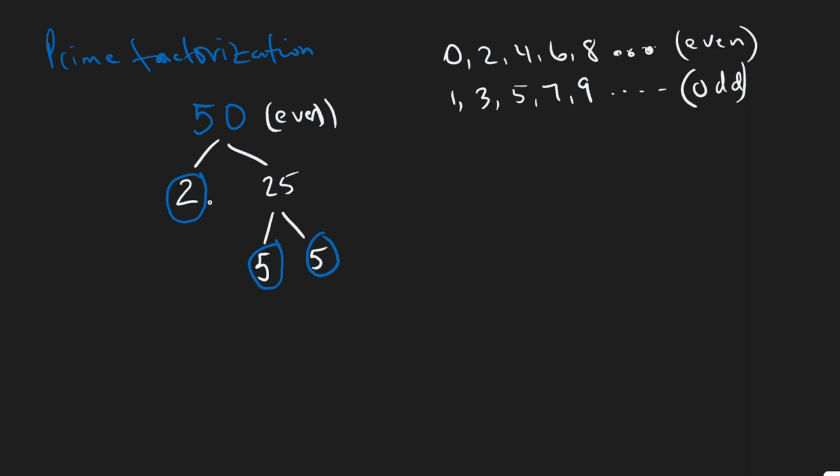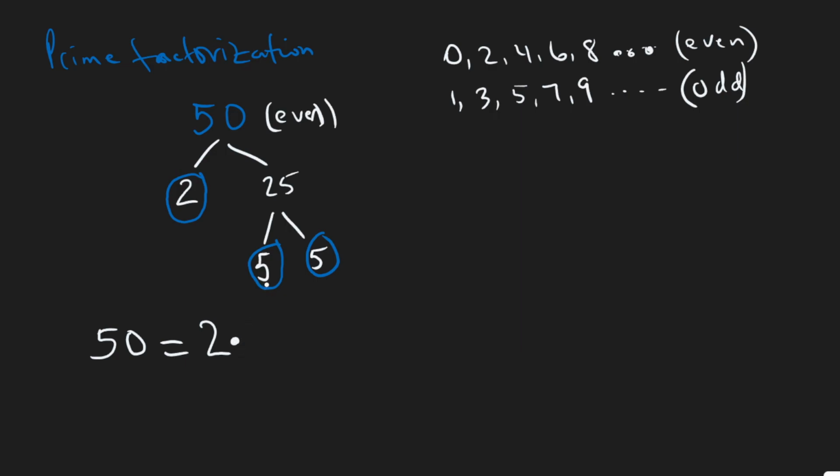So what you have done here is find the prime factorization of 50, and you take all the numbers you've circled. You take this 2 here, and it's all multiplication, guys, because they're factors.